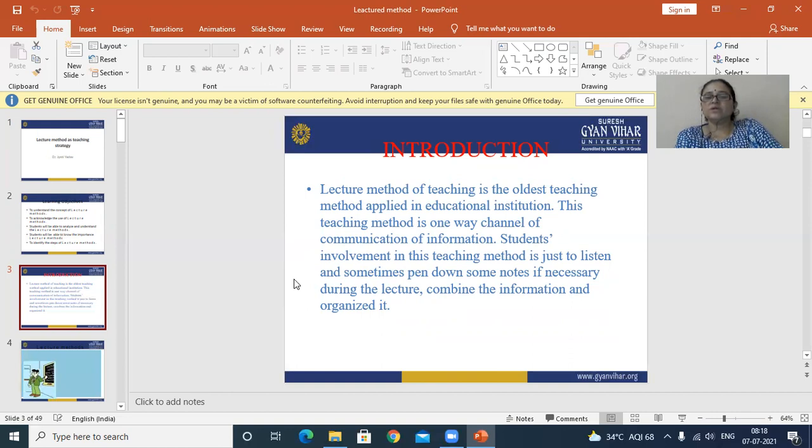Student involvement in this teaching method is just to listen and sometimes pen down some notes if necessary during the lecture. Combine the information and organize it.